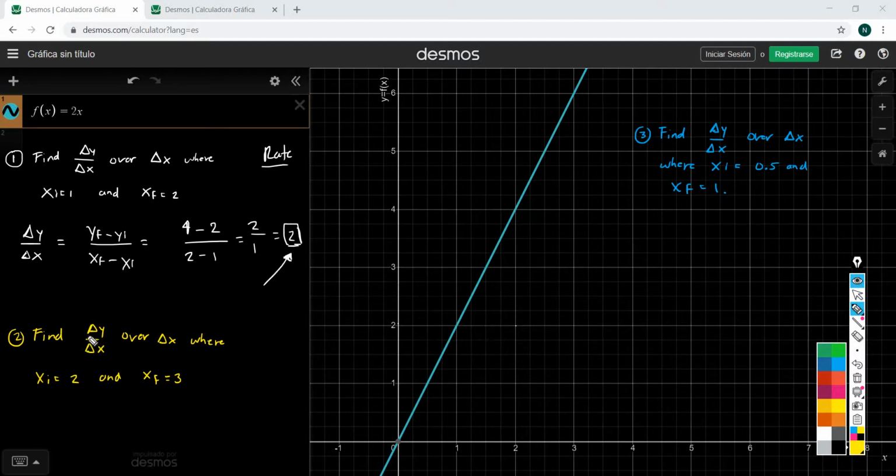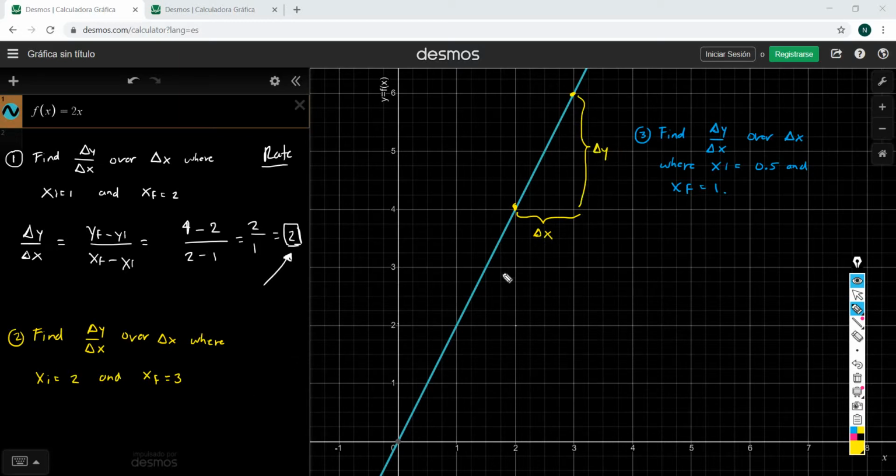Okay, what about the second one? Find the same thing, the rate of change of y with respect to x over an interval delta x when xi equals 2 and xf equals 3. So what are my points of interest? From 2 to 3, therefore from here to here. So this is my change in x, and this is my change in the variable y.